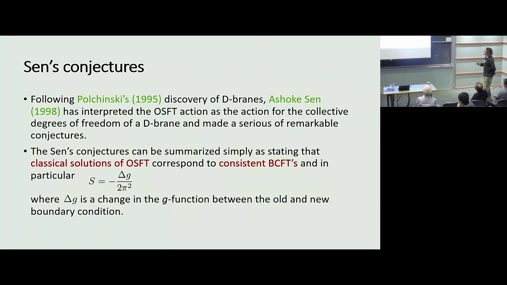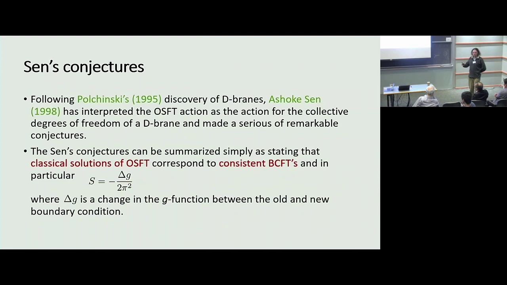And if you want to learn about some properties of these boundary conformal theories, there is a detailed correspondence that has been worked out since then. The simplest condition is that Witten's action evaluated on the solution is given by the change of the g function of the BCFT.